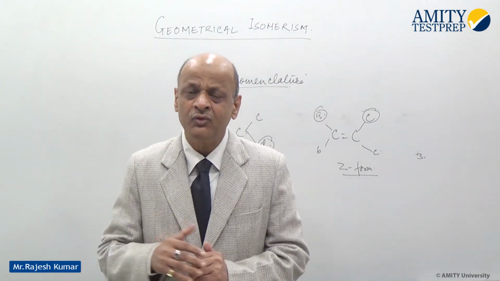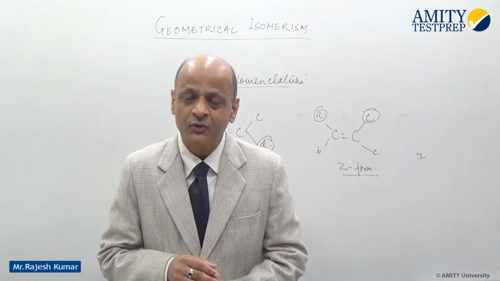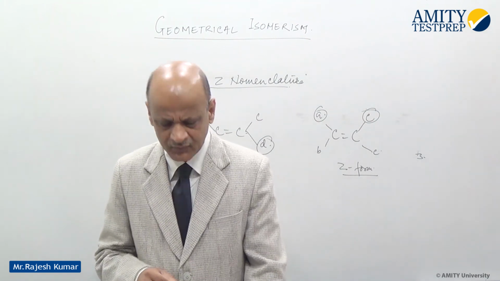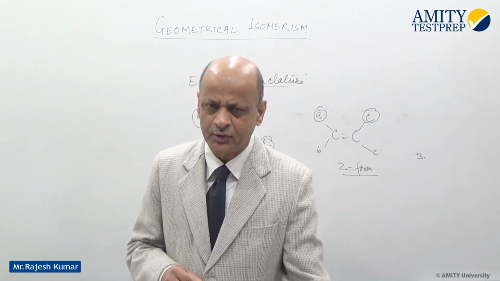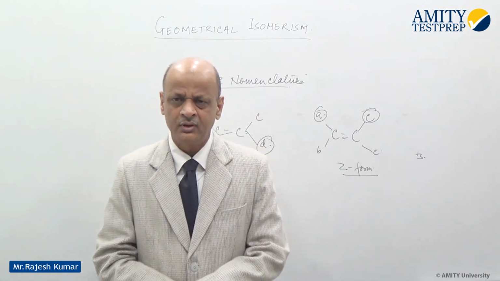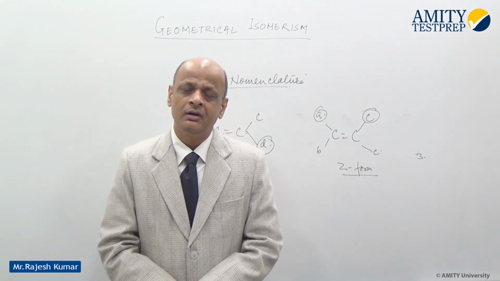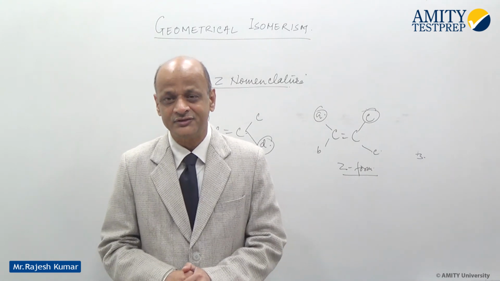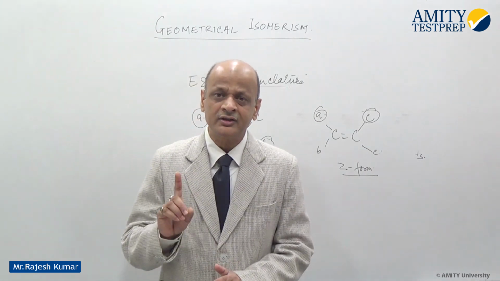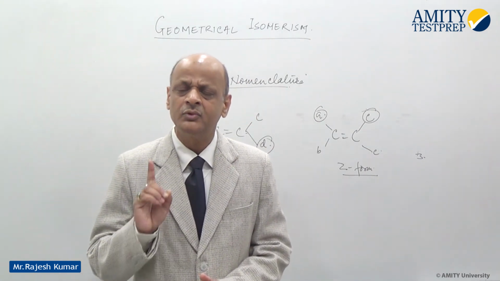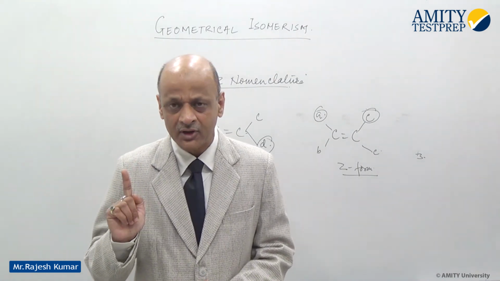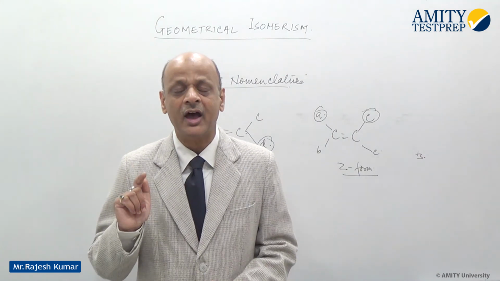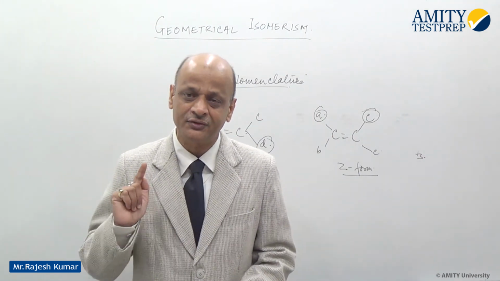In this way we will decide which group is given first priority and which group is given second priority. After deciding the priority of the groups, we will decide whether the molecule is of E form or Z form. So in deciding the priority of the group, first we have to decide the atomic number. If the atomic numbers are the same, that is they are isotopes, then the isotope of higher atomic number is given the first priority.